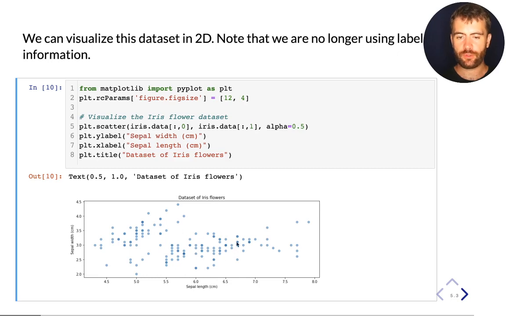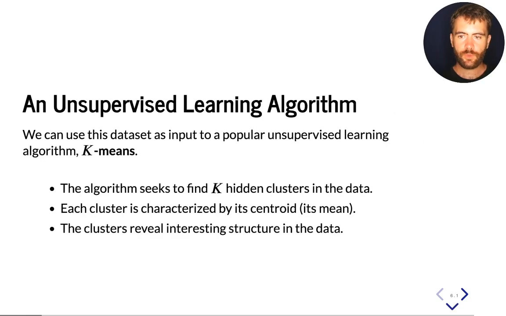All the points are considered equal here. So because we don't have any labels, this is a good example of an unsupervised learning data set. It only contains measurements, but we don't know what they are. We don't know anything about the real structure of the data that was measured separately. So this was an example of a data set.